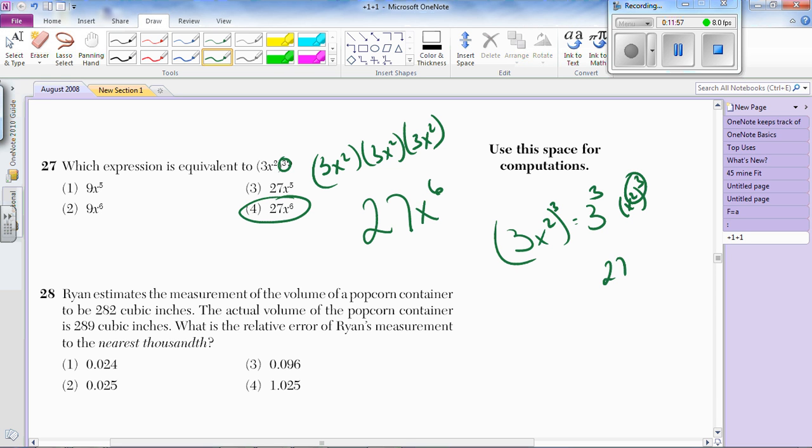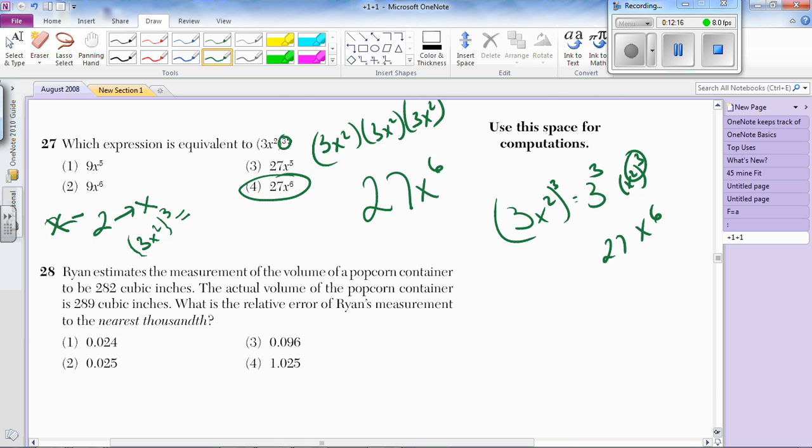So this would be 27 x to the 6. And finally, you could plug in a value for x, do 3x squared cubed in your calculator, get a value, and then plug in one of these and make sure that they actually match.